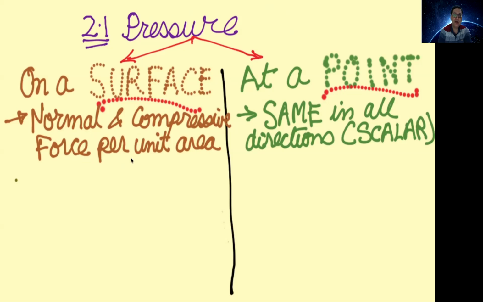Whereas for pressure at a point, later on I will show you the derivation, but just to point it out, the magnitude of pressure is the same in all directions. All of you know that for a vector quantity, the magnitude changes with the direction. So since the magnitude of pressure is the same in all directions, it's a scalar quantity.